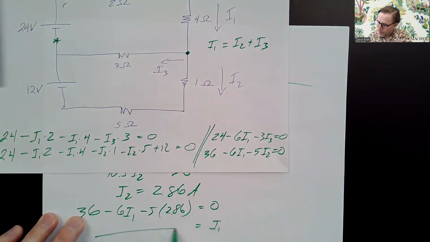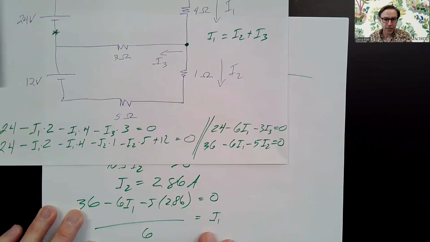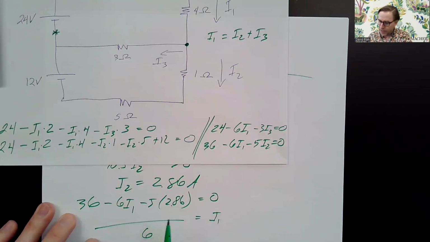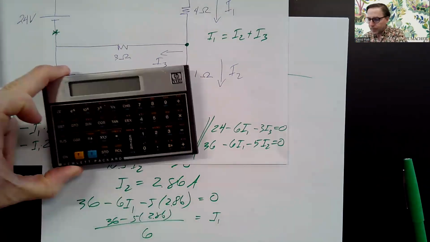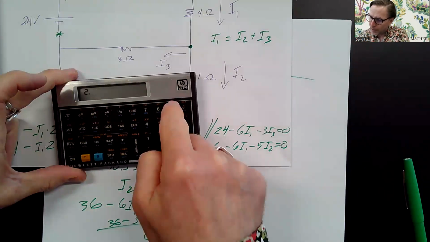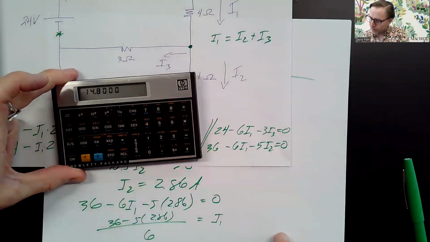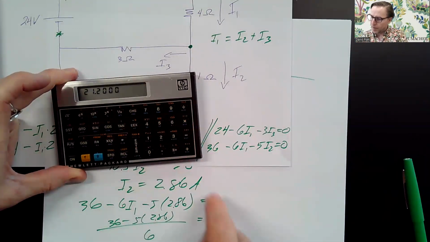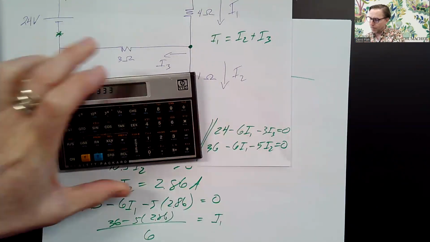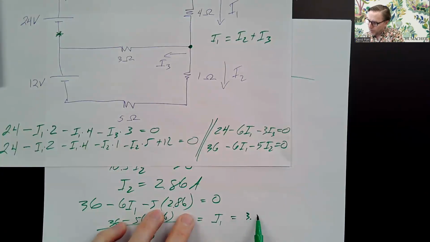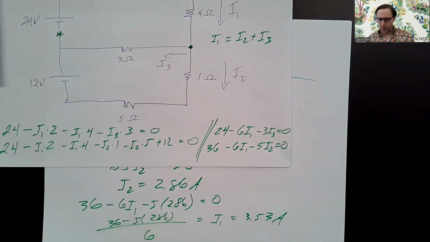I1 equals all that stuff over 6, which is 36 minus 5 times 2.86. So 2.86 times 5, make it negative, add it to 36, divide by 6, and get 3.53 equals 3.53 amps, which is pretty close to what the book got.